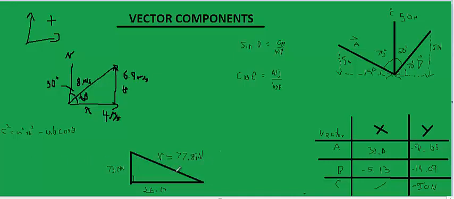Now, because this is a vector, we do need to actually give it some sort of angle because it is a magnitude and a direction. So we can solve for this using SOHCAHTOA again. We'll use tan theta is equal to opposite over adjacent.